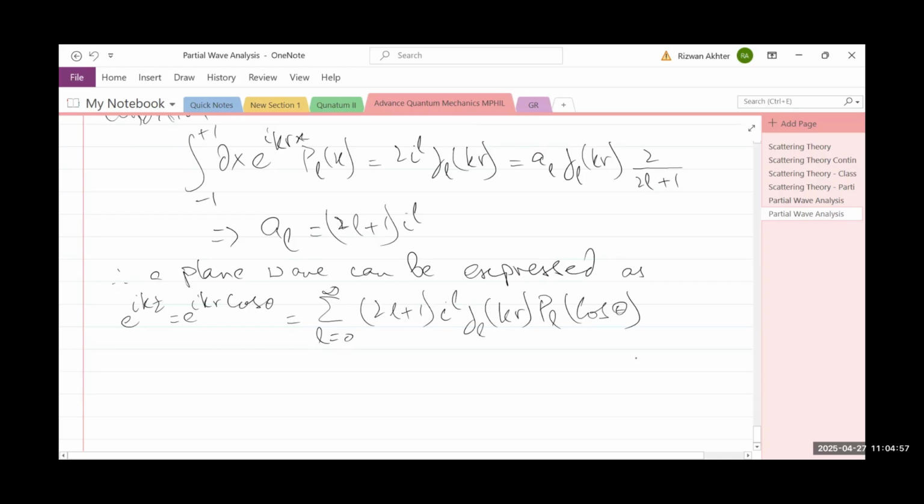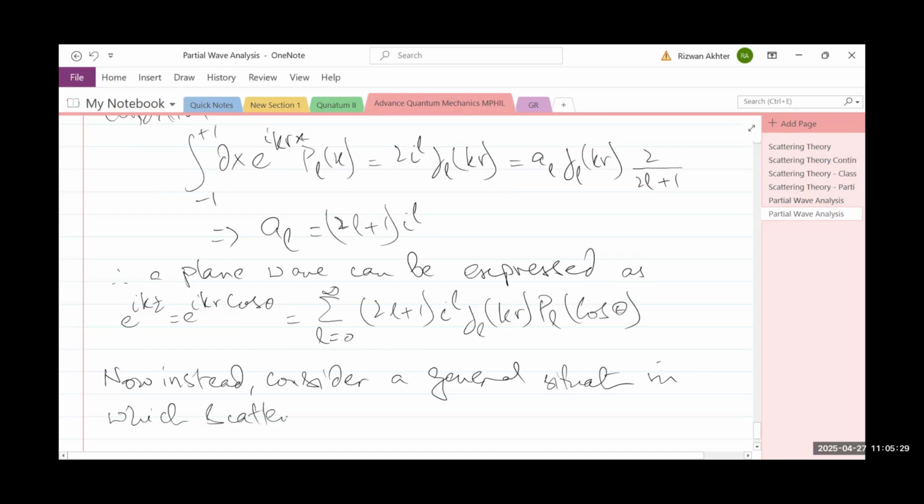Now, if we consider a general solution, then we have to include the scattering as well. So now, instead, consider a general solution, a general situation in which scattering occurs.